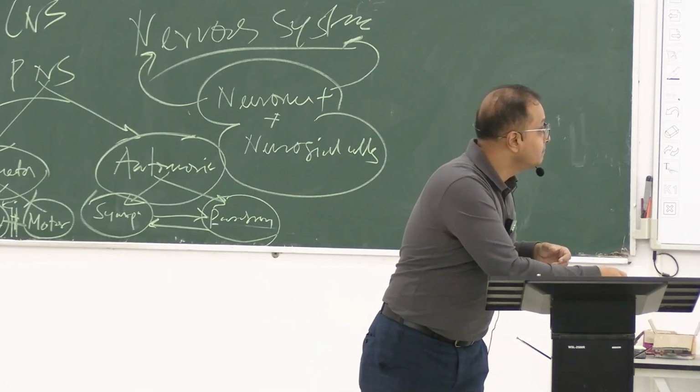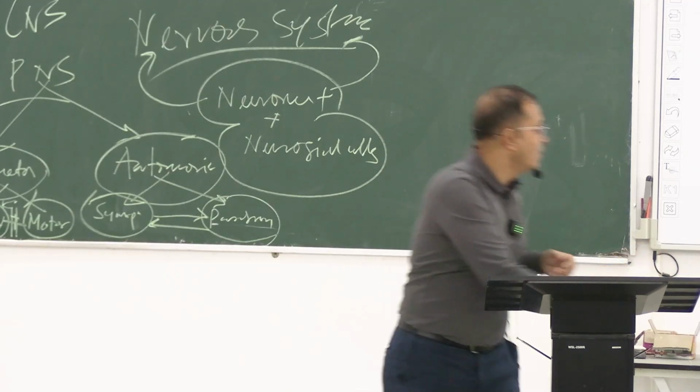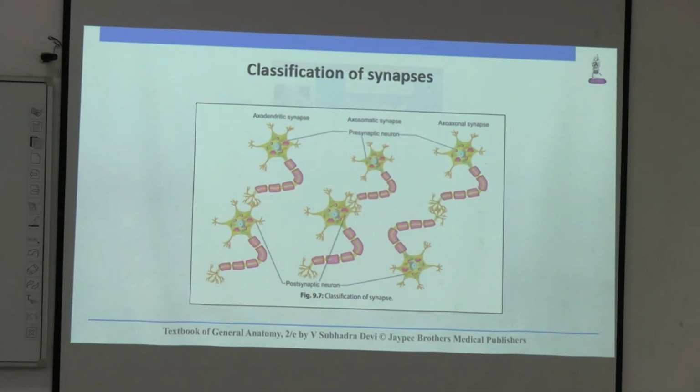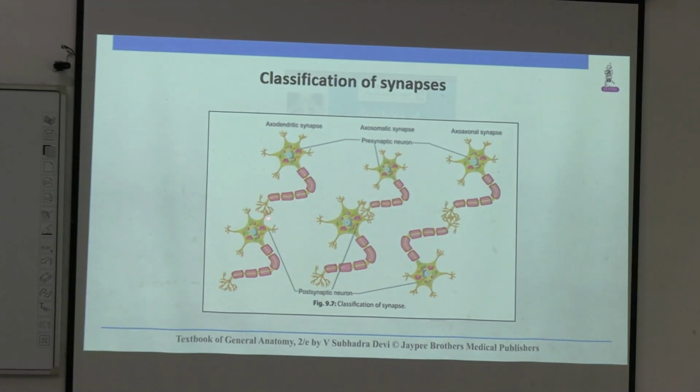For example, if the axon communicates with a dendrite, we call it an axodendritic synapse. If it communicates with the soma, we call it axosomatic. Between an axon and another axon, we call it an axoaxonic synapse.